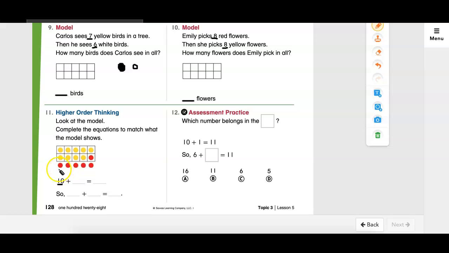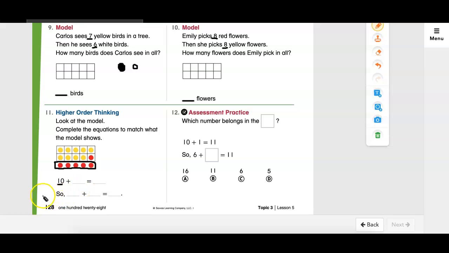Now we need to write how many counters are outside of the tens frame. So how many counters are outside of the tens frames? That would be what Mrs. Collier just circled. So how many counters are here that I circled? Write that number in the blank and then add 10 plus this number here and write the total.